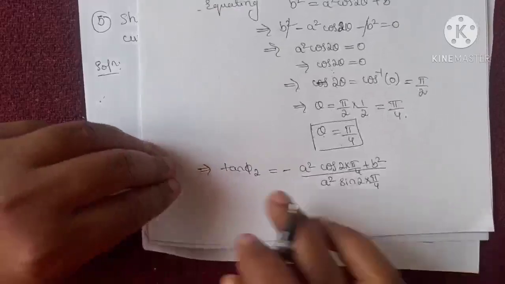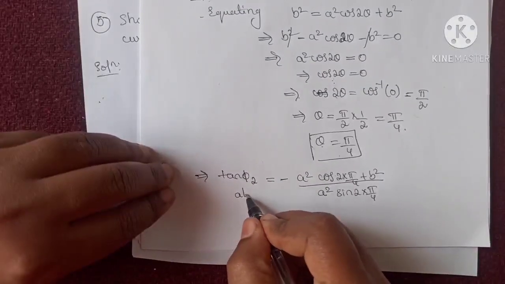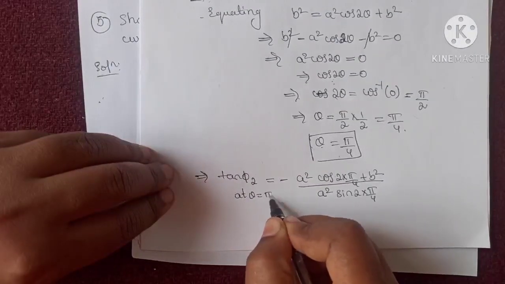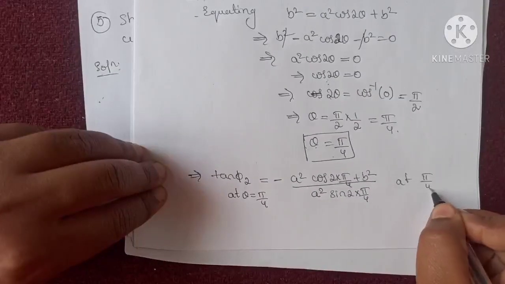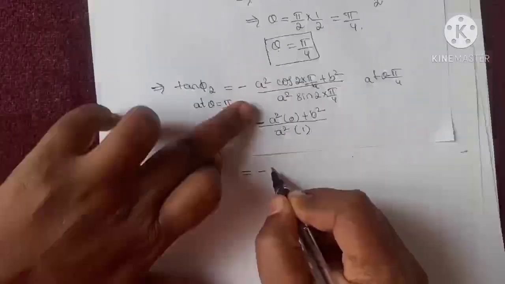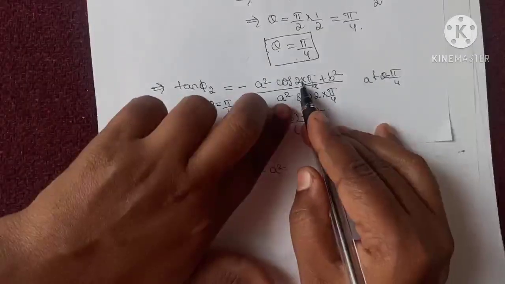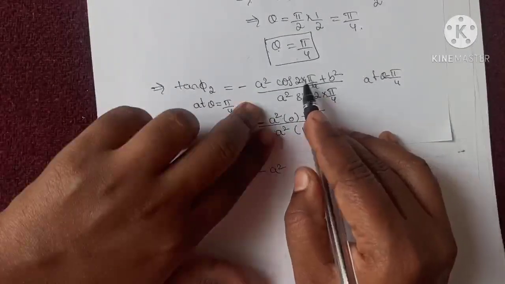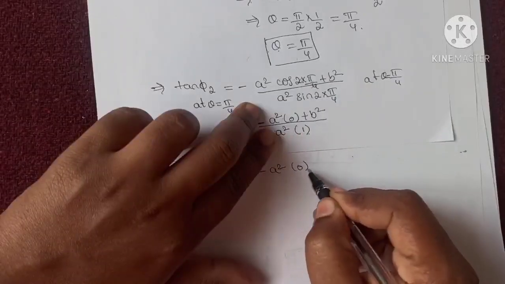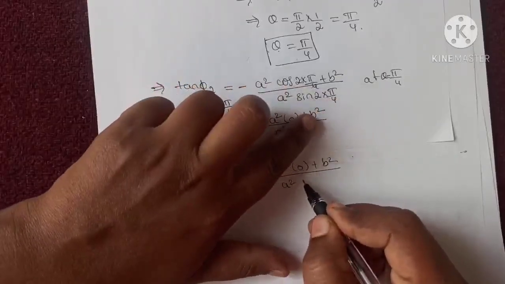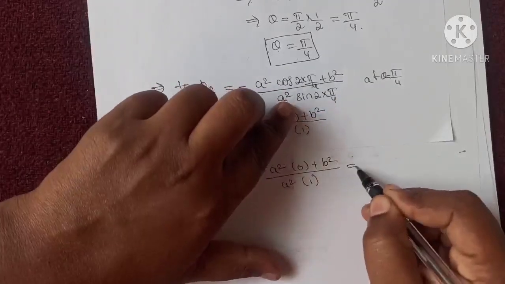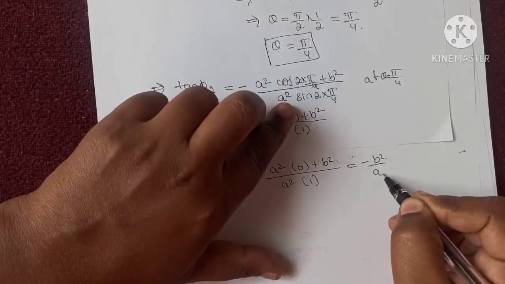So this is tan phi 2 at theta equals pi by 4. Substituting theta equals pi by 4, we get a square cos of pi by 2, where cos of pi by 2 is 0, plus b square divided by a square sin of pi by 2, which is equals to 1. We get minus b square divided by a square.